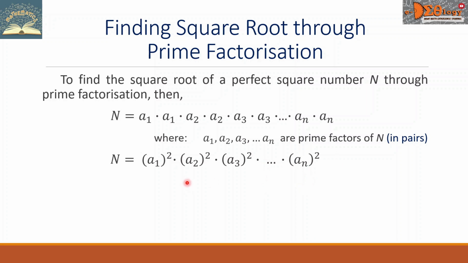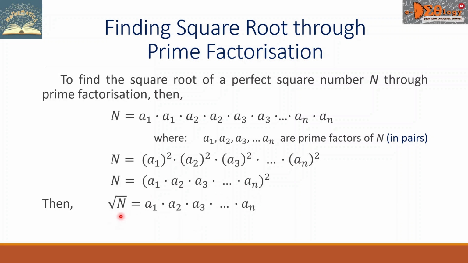By the law of exponents, we can simplify the right side like this: the square of the quantity a sub 1 times a sub 2 times a sub 3 times up to a sub n. So, the square root of capital N equals a sub 1 times a sub 2 times a sub 3 times up to a sub n.